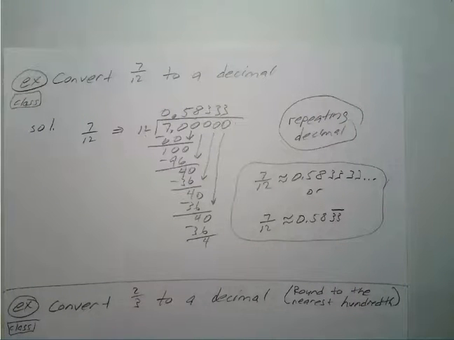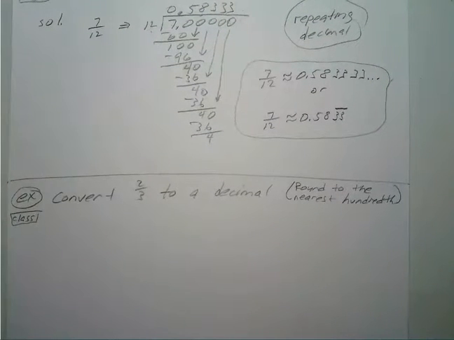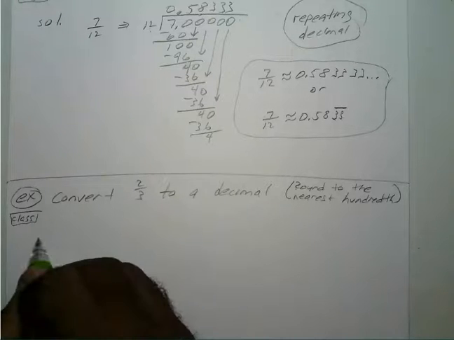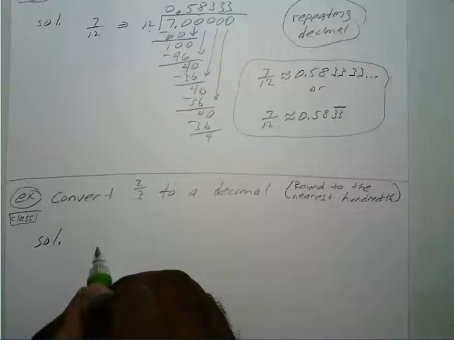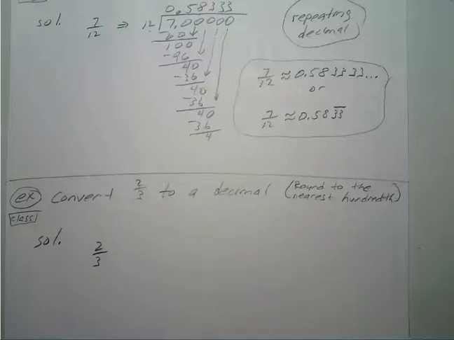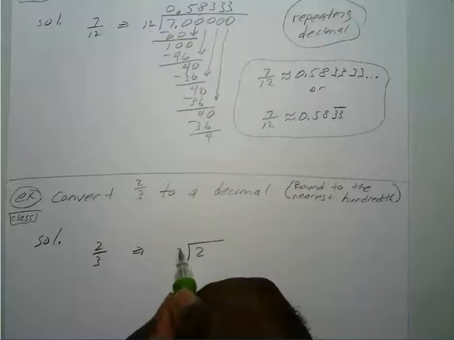All right, so let's go ahead and move on to our next example, which is 2/3. So once again, I'm assuming you've already finished it, so let's go ahead and verify. So 2 divided by 3, remember you're just going to rewrite that as 2 divided by 3.